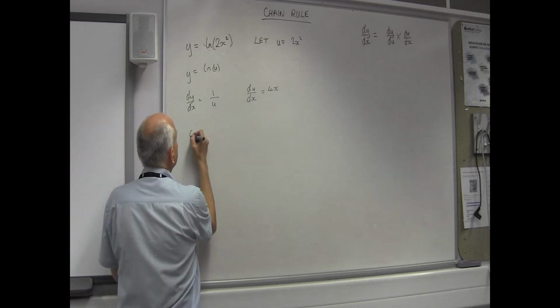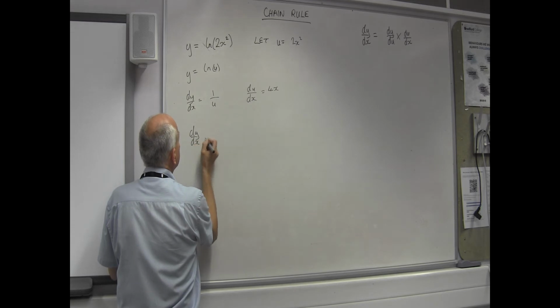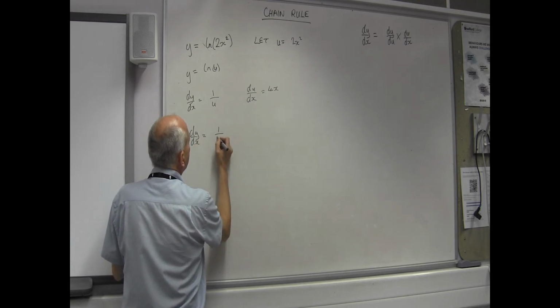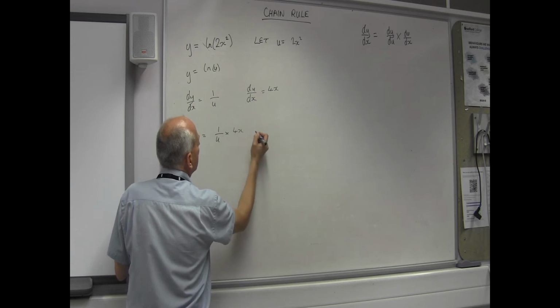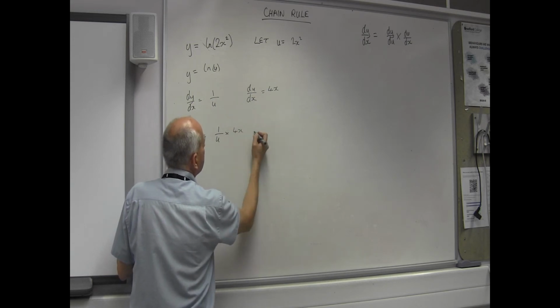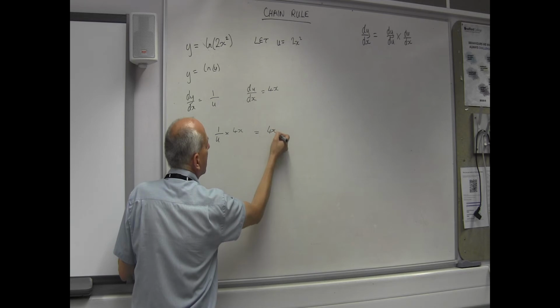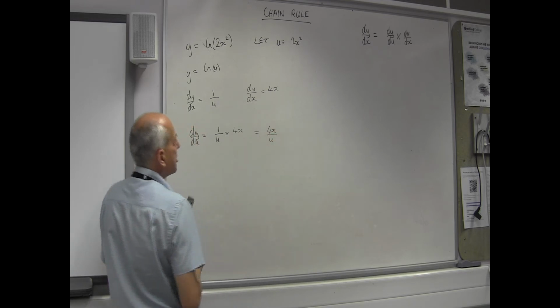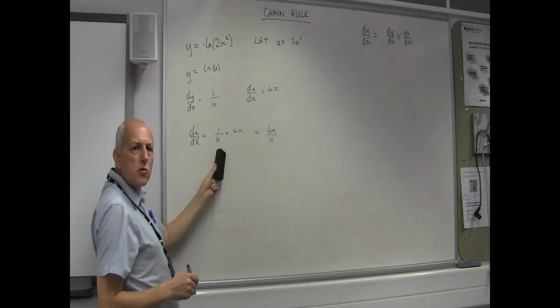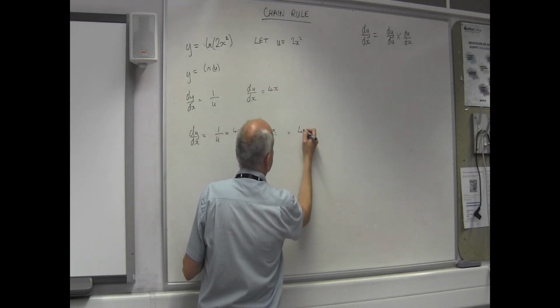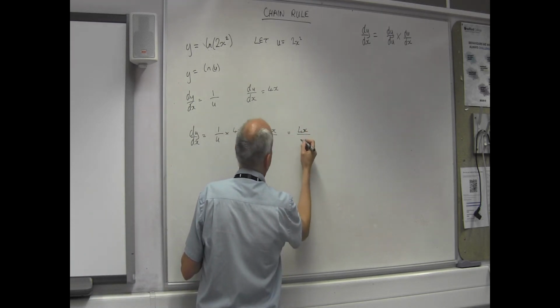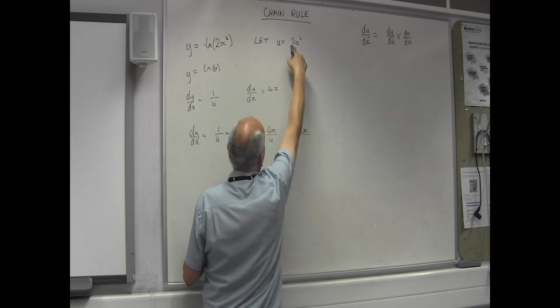Bring them back together. So 1 over u times 4x, or bring them together like this, 4x over u. Substituting for u, so don't forget that stage, 4x over that.